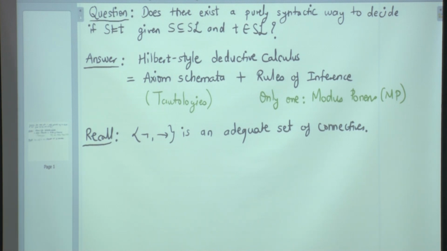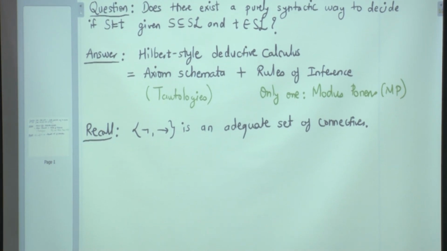Okay, so we will have this, and in order to do this properly we are going to use a slightly different adequate set of connectives. So when we defined propositional language and then propositional formulas SL, then we only used two symbols. What were they? Negation and conjunction.